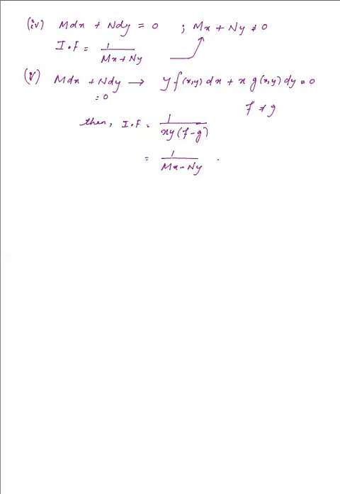So all you have is xy on both those terms, and they can be taken out common, and you're left with f minus g. So that is more or less another rule set for obtaining the integrating factor. Like I had already mentioned, we can have multiple integrating factors for a given differential equation.